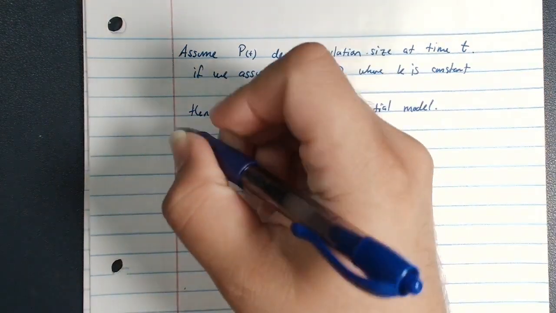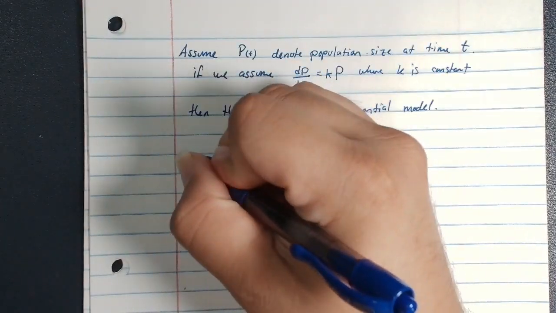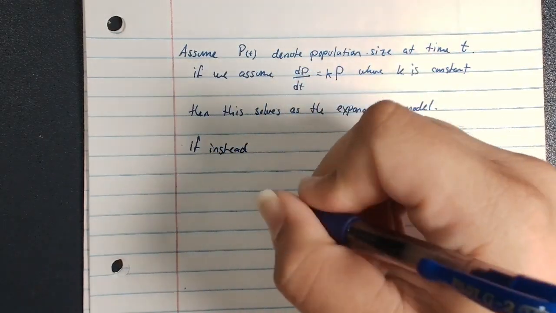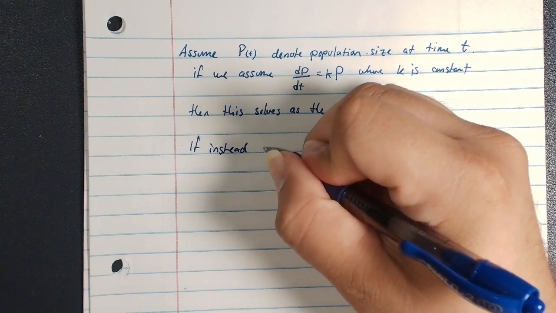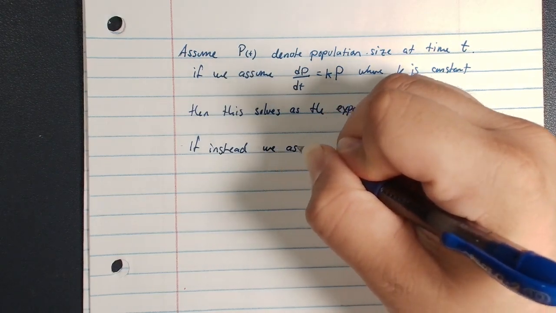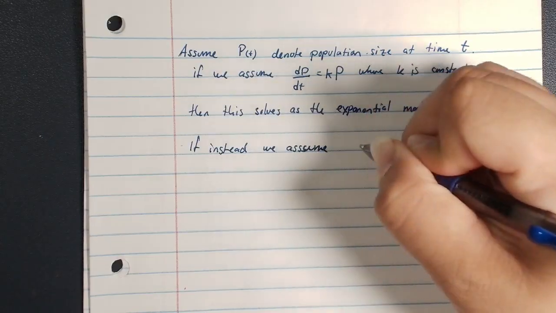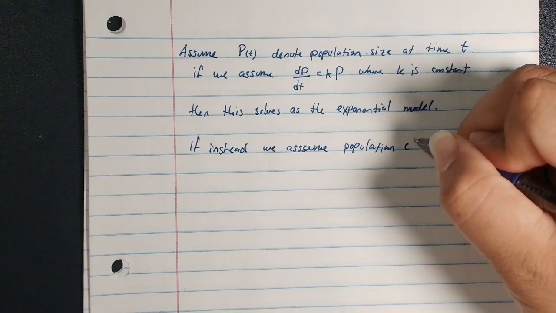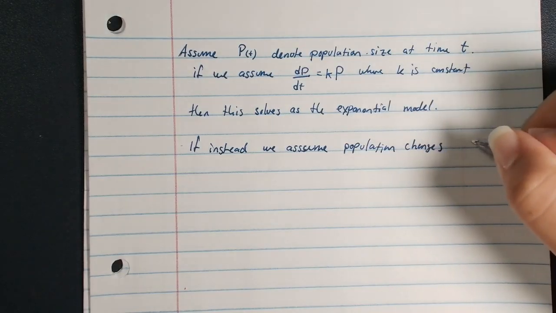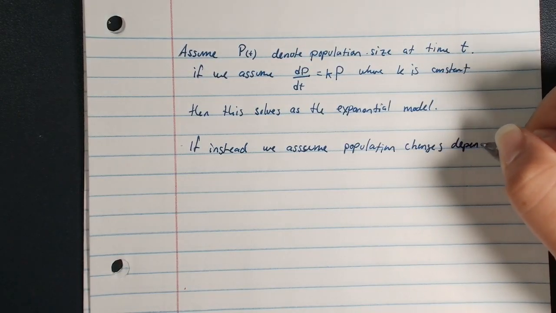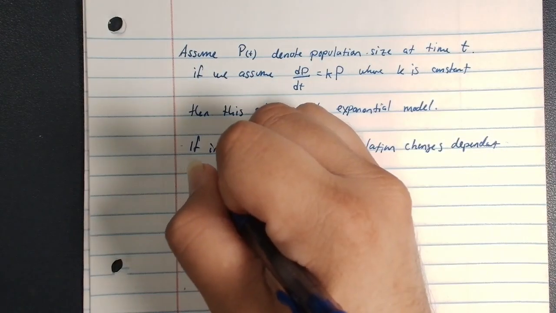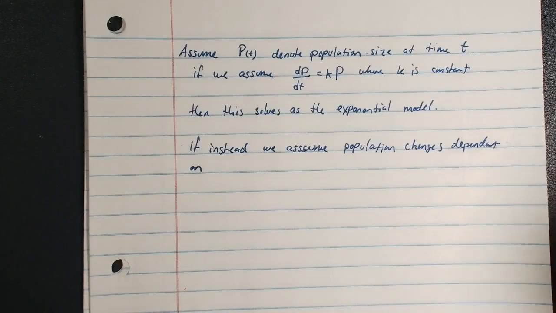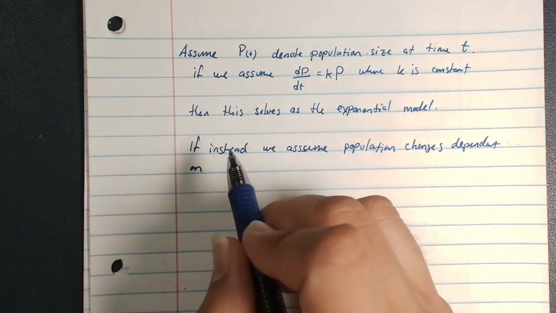Here, let's go ahead and make a different assumption. If instead we make a much more realistic assumption, if instead we assume population changes dependent on a function of P, sorry, I said that wrong.